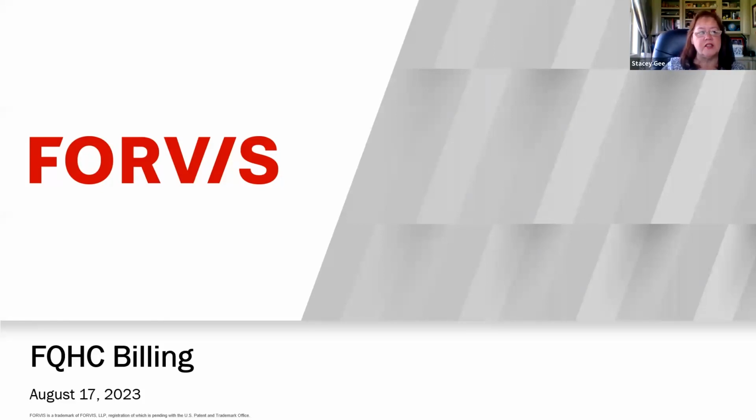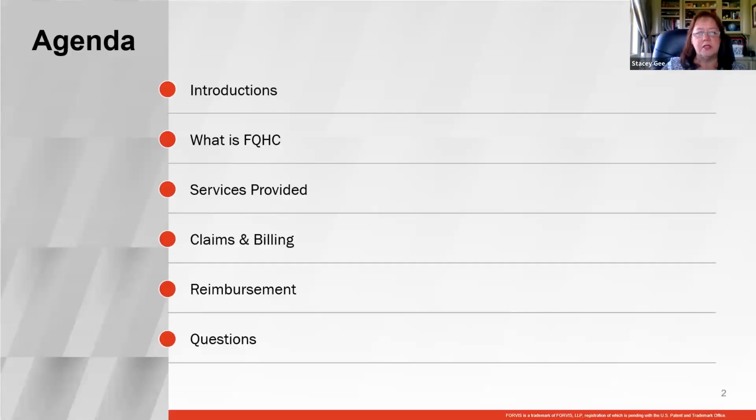So let's get started. I know we've already had the introductions. We're going to talk through what an FQHC is, what kind of services can be provided within the FQHC world. We're going to talk a little bit about claims and billing.